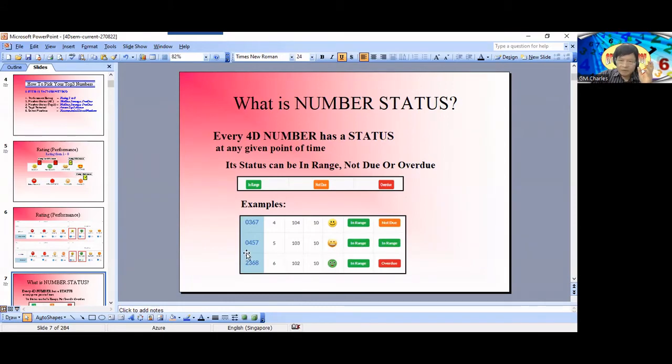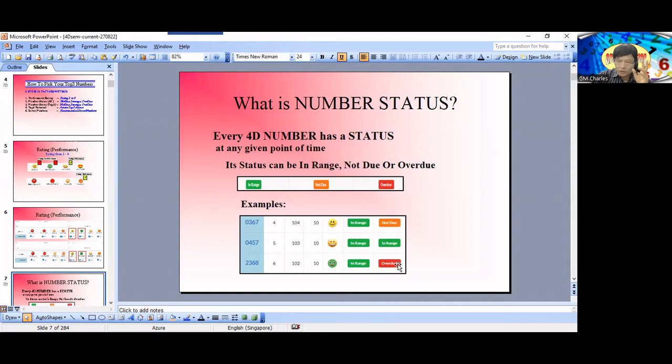For the second number 0457, again you find that all prices in range. The third one also all prices in range. So most of the time you find all prices are in range, better compared to top 3. Top 3 sometimes can be not due, can be in range, can be overdue.